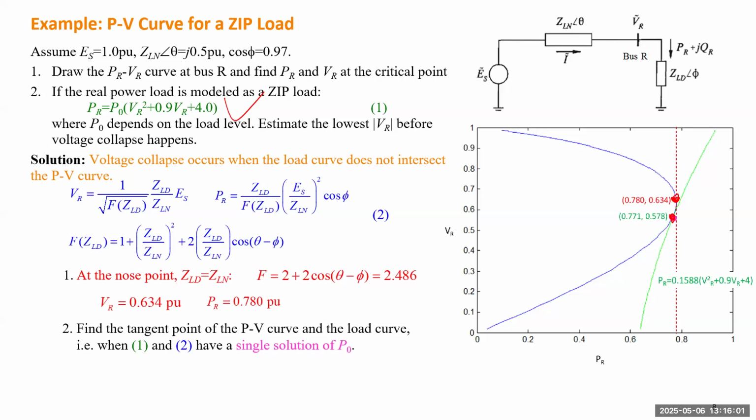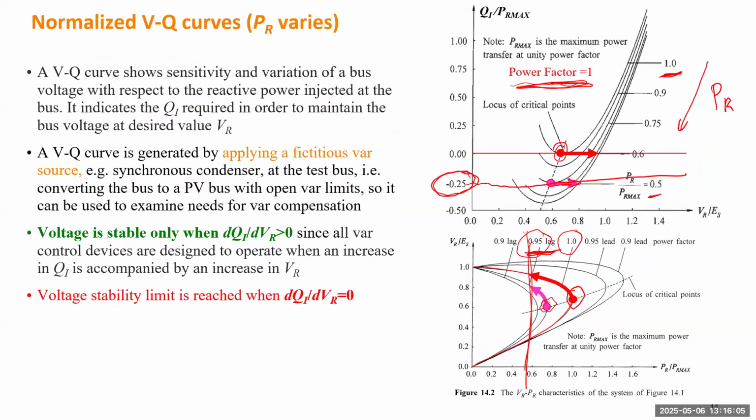Similarly here, if we use the VQ curve to study control, it tells you how much reactive power you want to inject into the system. But there's no constant reactive source you can guarantee to give you that much reactive power no matter what voltage you operate the system at.